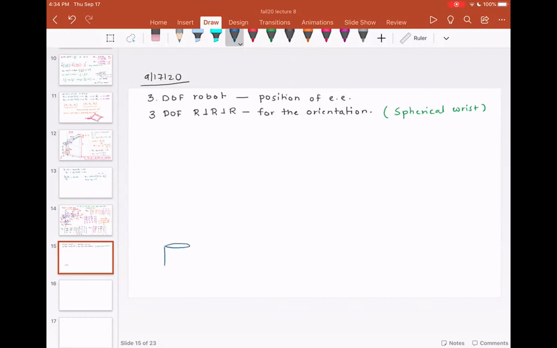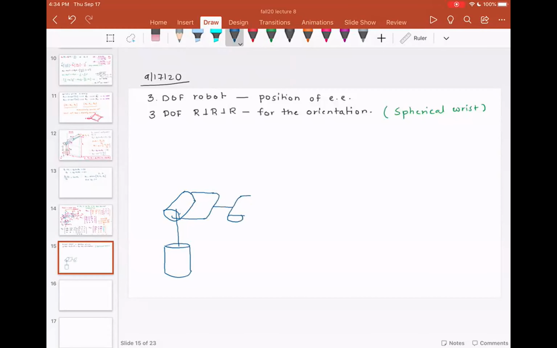I will draw a very simple kinematic diagram. So I have this robot arm.